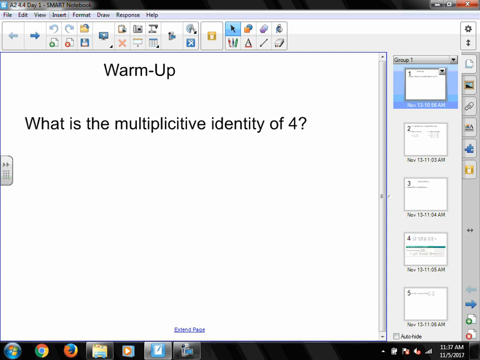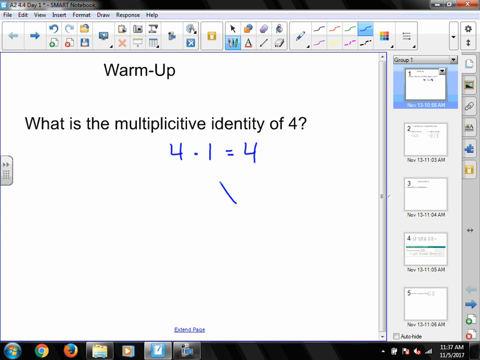This is a question that I would have asked you in chapter 1 when we talked about those properties of real numbers. And a lot of you on your test would put 4 times 1 is equal to 4, where that 1 is the identity.